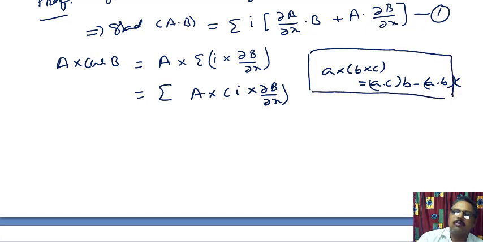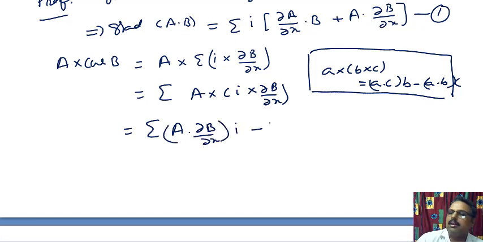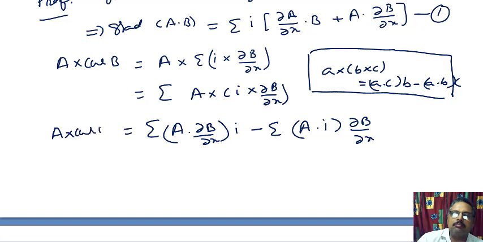Now, using this property, what is the term? A dot ∂B/∂x into i, minus, I will write sigma also, A dot i into ∂B/∂x. This is A cross curl B. I will call it equation 2.